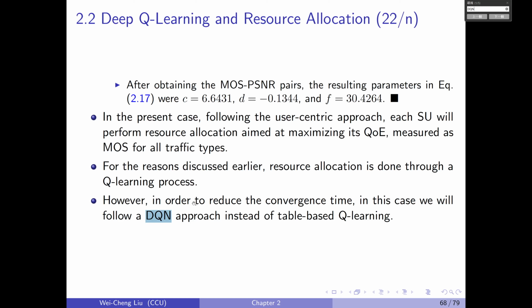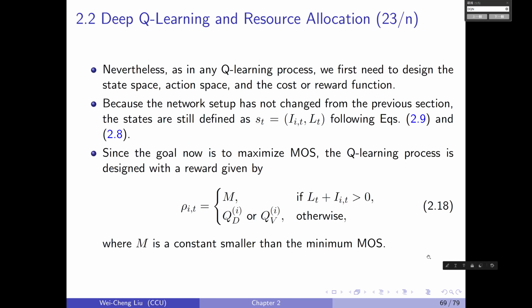So in order to reduce the convergence time, we will use a DQN approach instead of Q-learning. Nevertheless, we have introduced the meaning of nevertheless. If you forget, please review the handout of chapter 2.